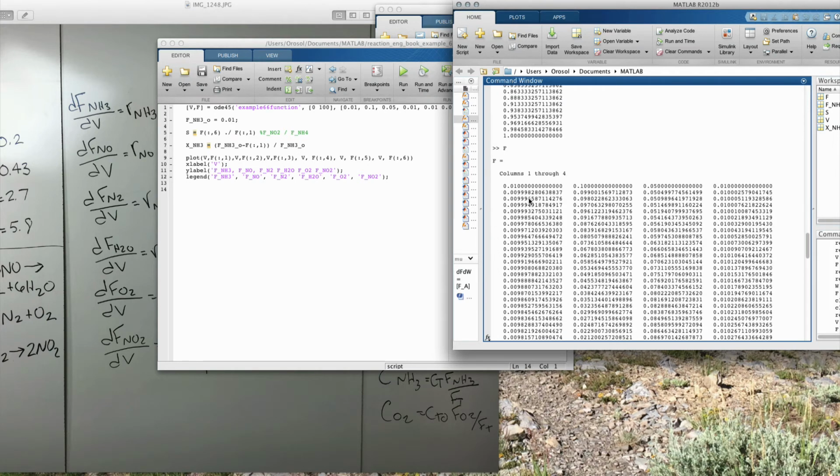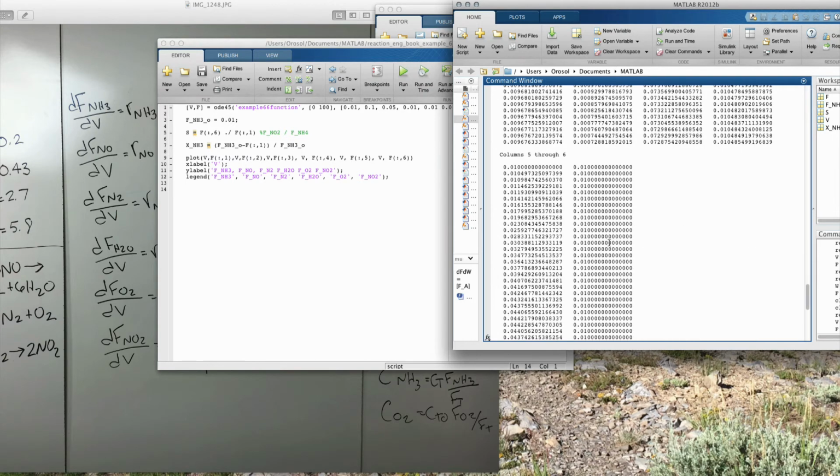The first column is the solution for the first equation, the second one is the solution for the second equation, so this would be NH3, this one is NO, N2, and so on. That's why when I plot this, I have volume versus F, and this says every row in the first column, so that would be NH3. And then you just do that for all of these.